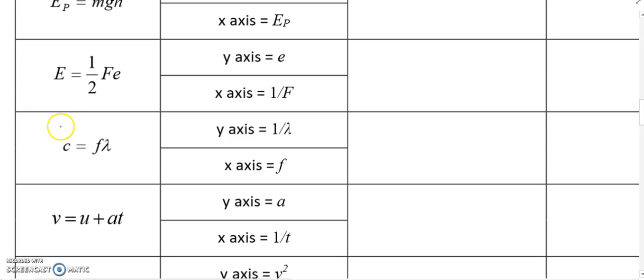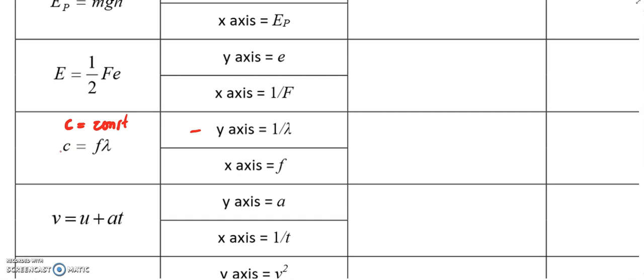Now light travels at 3 times 10 to the 8 meters per second, so c, the speed of light, is our constant. And what we can do is we can change one and measure the other. Now it's telling us that we're going to put 1 over lambda on the y-axis. So let's rearrange this as it looks like variable equals constant times variable plus constant.